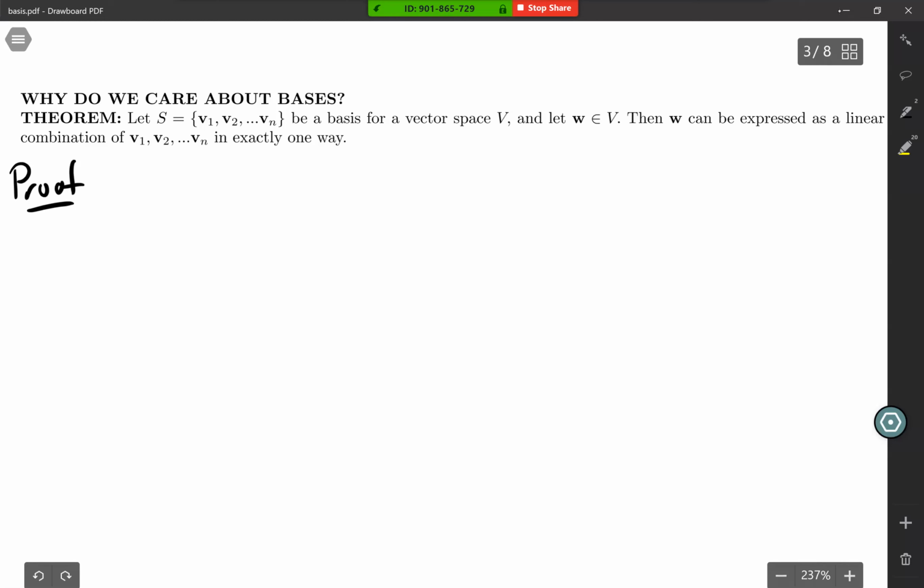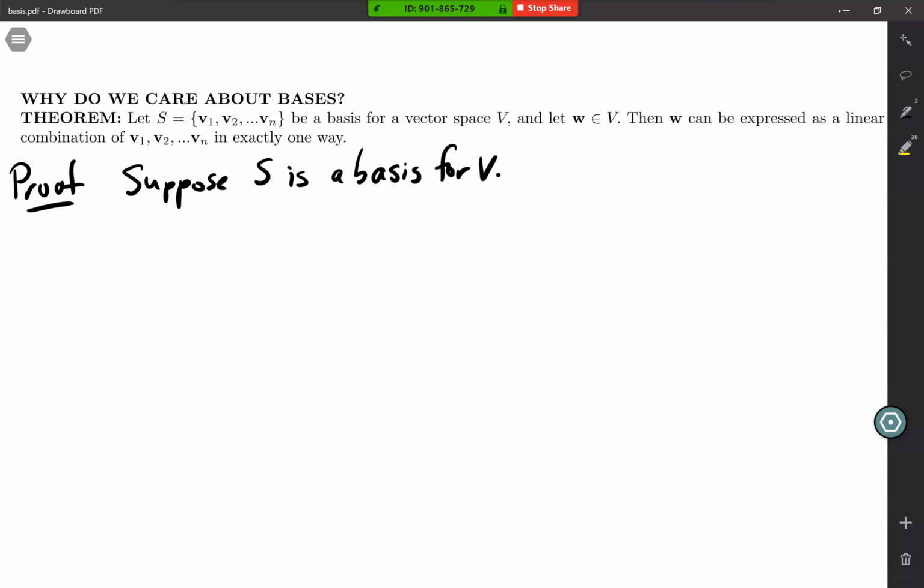All right, so we're supposing that S is a basis for V. S is a basis for V means that S is both linearly independent and it spans.